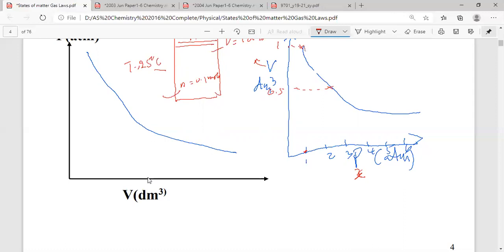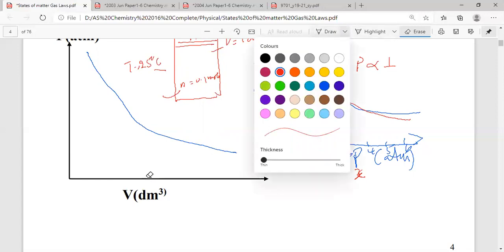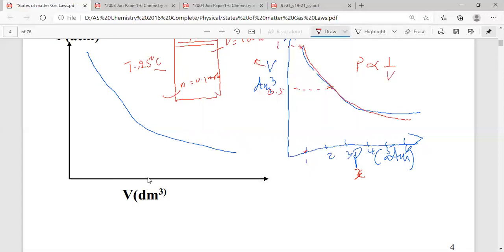So you get a curve, which is inversely proportional. So P is inversely proportional to 1 over V, where T and n are constant. Or you can say P is proportional to 1 over V, up to you. It's called inversely proportional. That is Boyle's law.